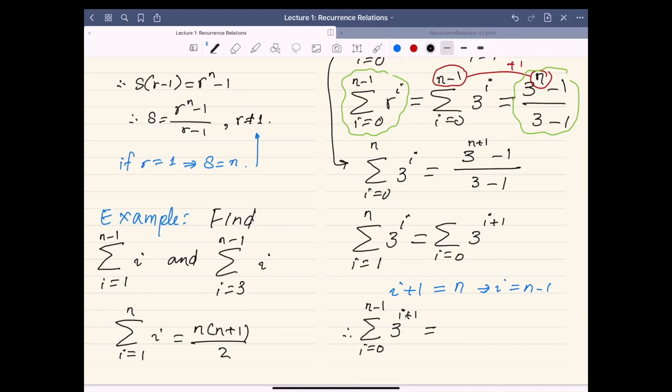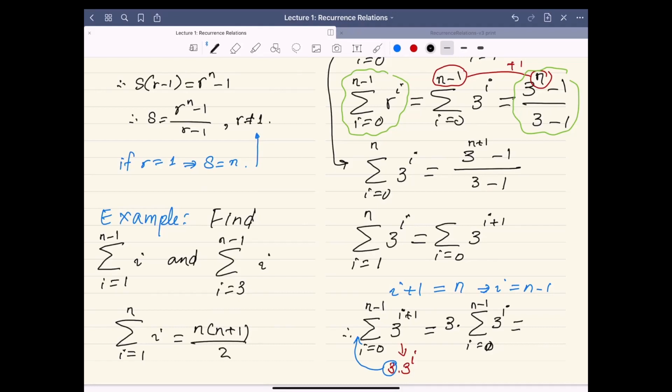And this is equal to, now this is a 3 multiplied with 3 raised to power i. And you can take a 3 outside the summation. And this will be equal to 3 times the summation i goes from 0 up to n minus 1 for 3 to the i.